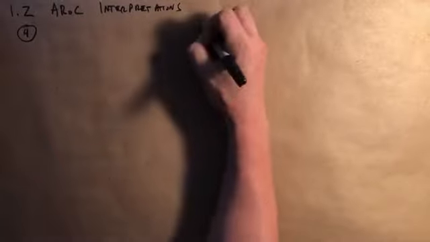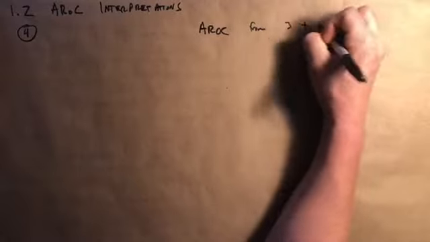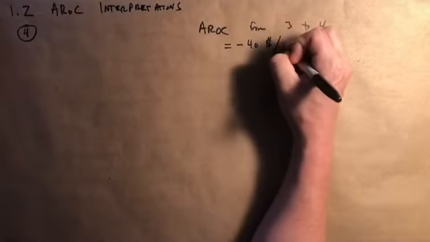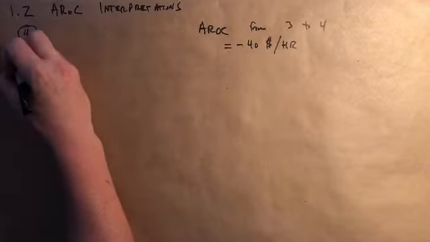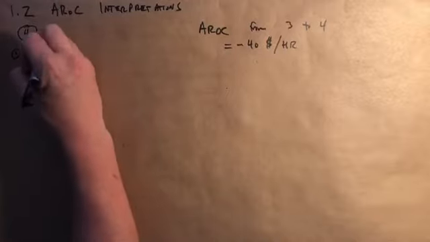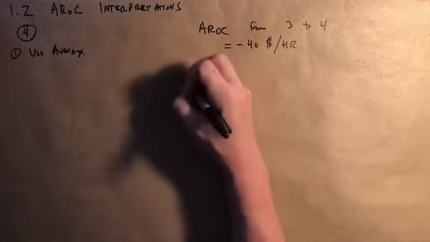So when we talk about average rate of change interpretations, there are 4 things that every good interpretation must have. For example, when we talked about the average rate of change from 3 to 4, it was equal to negative $40 per hour. And that was from the previous problem. But so the first thing that the average rate of change has to have is we have to use the word average, as in, on average.